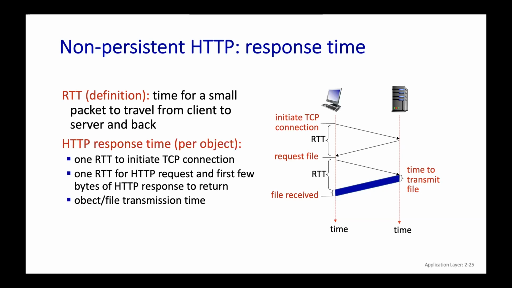So HTTP response time per object is 1 RTT to initiate this TCP connection and 1 RTT for sending the HTTP request and start getting the response, and then the transmission time of the entire file. And we know that the transmission time does depend upon at what speed the link is operating on. क्या उसकी bandwidth है 10 megabit per second, 5 megabit per second, and also depends upon how much data you want to receive or send.